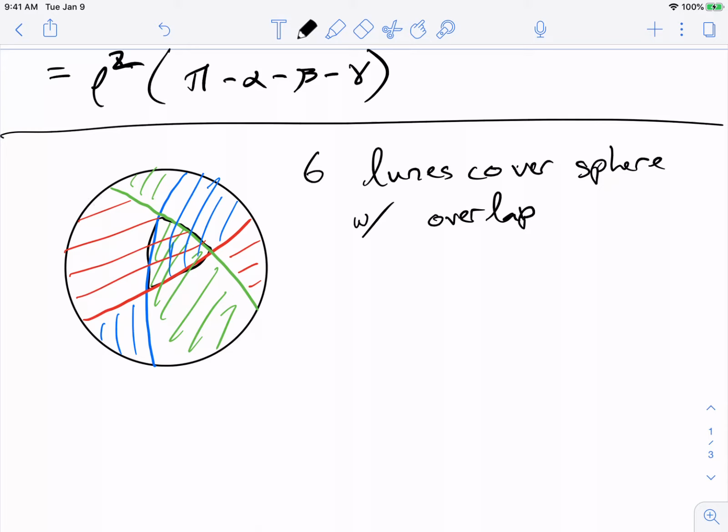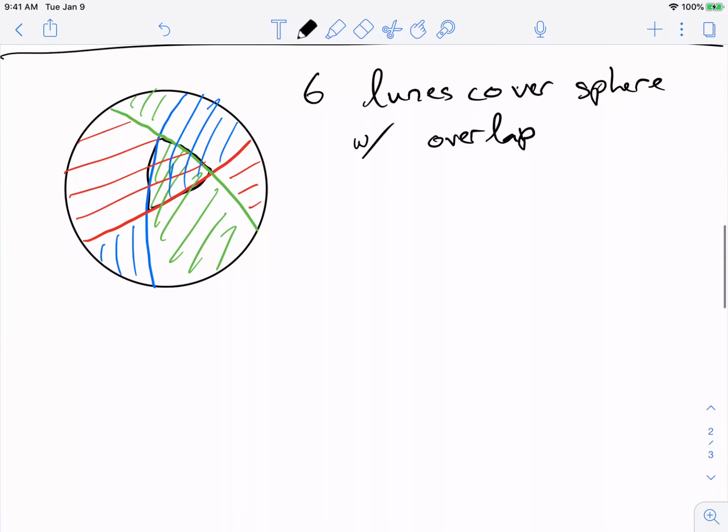And you could use the fact that you know the surface area of the sphere, you know the surface area of the lunes, to kind of solve for the overlap. And the overlap was just the area of the triangle times the number of times that there was overlap. So that's how you could solve that problem on the sphere.